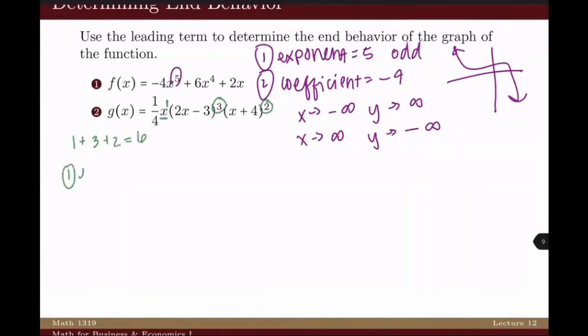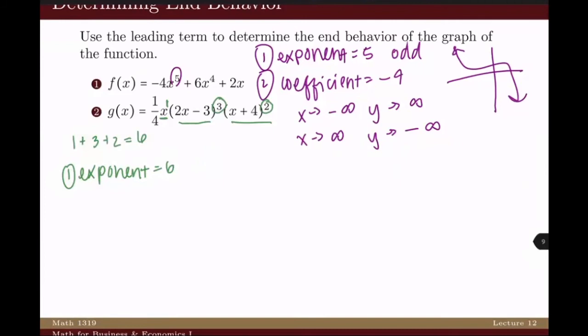So that means my highest exponent is going to be 6. Now you could take the time to multiply all of this out, but that's going to take you a very long time. However, if you did multiply all of it out, you would have your first term as some coefficient times x to the 6th, right?